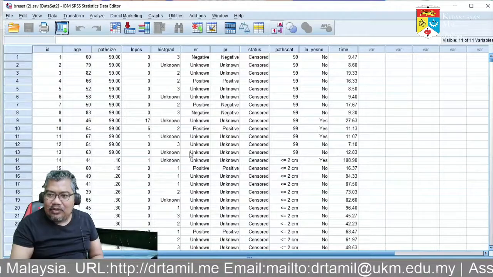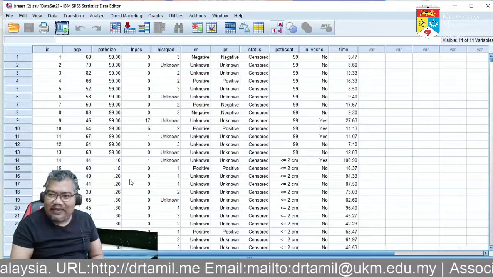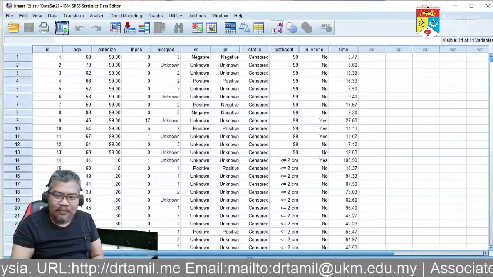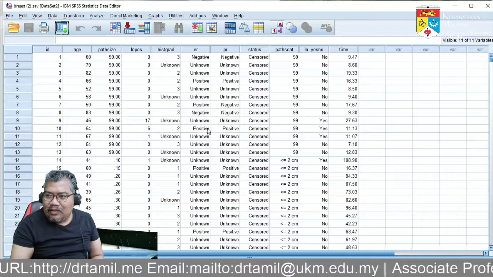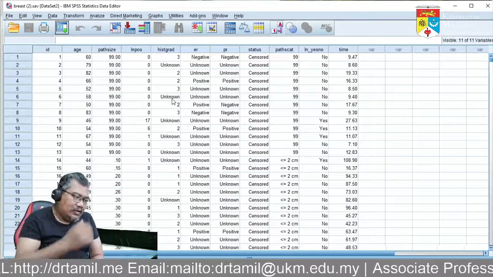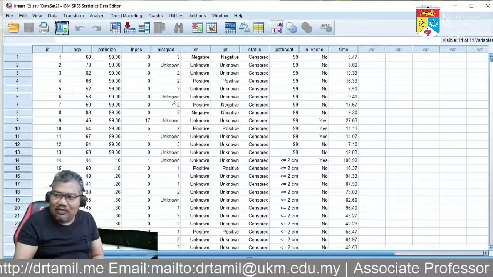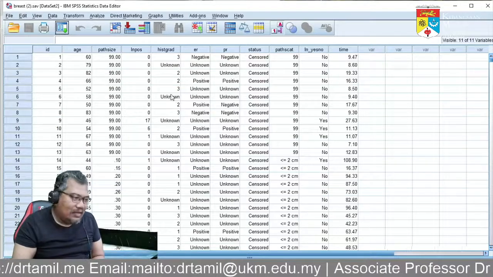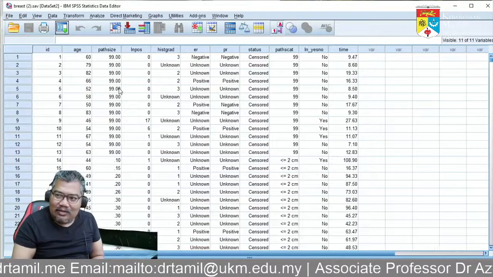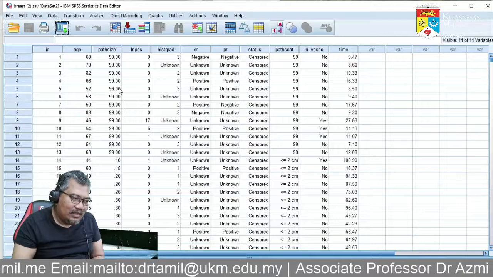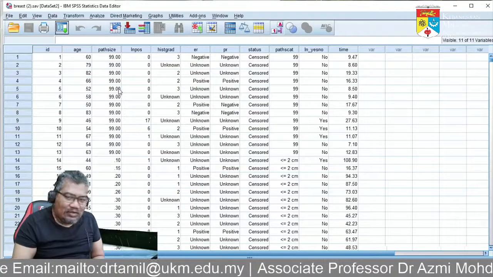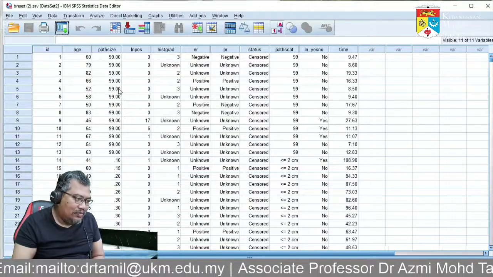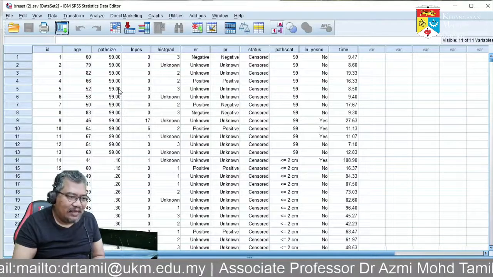As you all know, what factors affect survival of breast cancer? It is your lymph nodes, whether affected or not, whether the cancer has estrogen receptor or progesterone receptor, whether you have secondaries or not, and the size of the tumor, which is indicative of the period of time you've been infected.